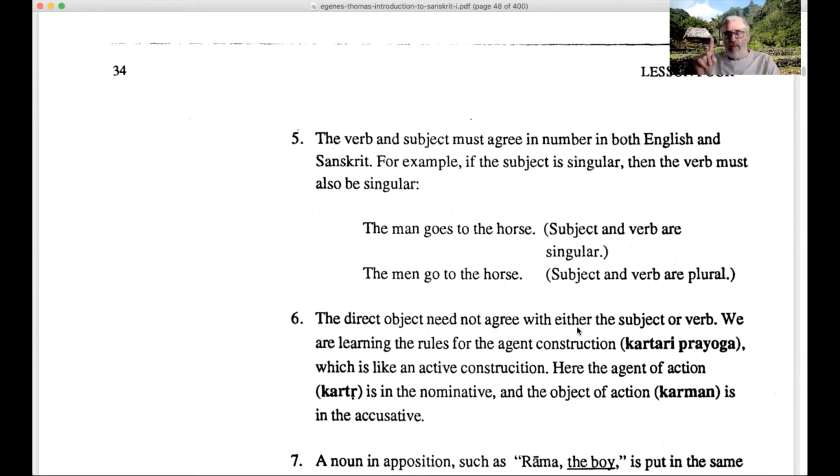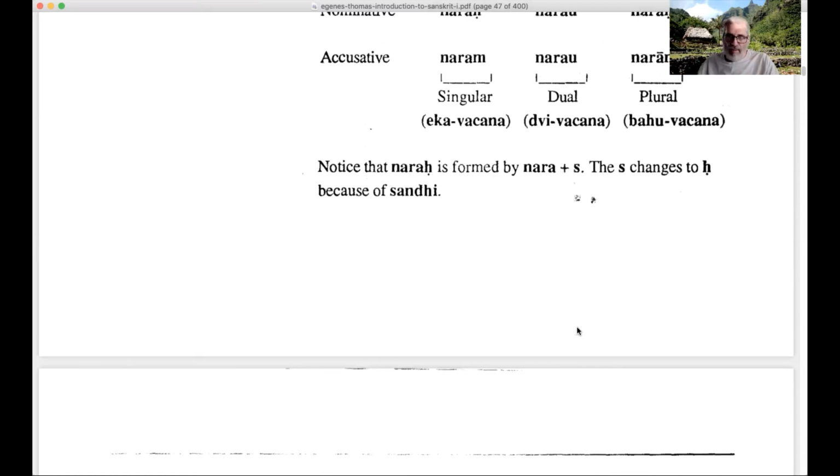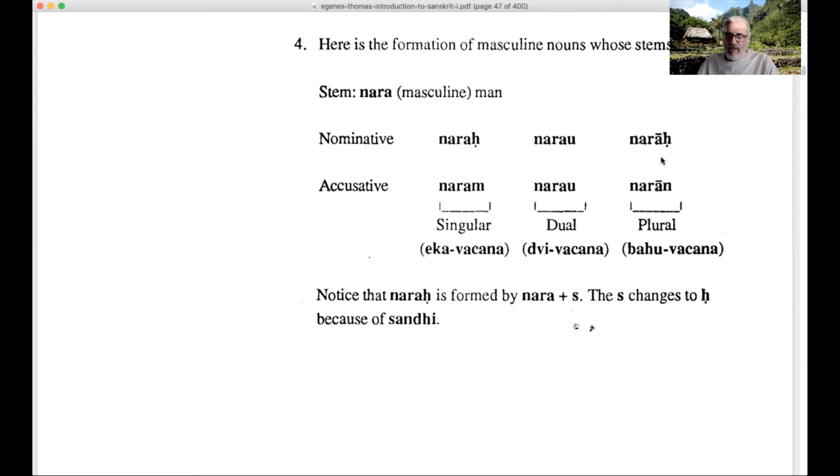If I say ashvaha gachanti, it means those plural horses go. Let's use naraha, like the man goes. The man goes is naraha gachati. But two men go is narao gachataha. And many men go is naraha gachanti.